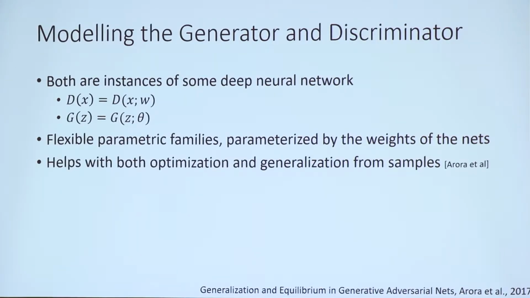And in fact, there's also been some interesting theoretical work by Arora et al. two years ago that was trying to argue generalization error bounds for these types of neural nets as a function of the number of parameters in the neural network. Basically trying to show that even though minimizing the earth mover distance can be susceptible to overfitting to training data, if you minimize over neural nets with a bounded number of parameters, you can get some decent generalization.